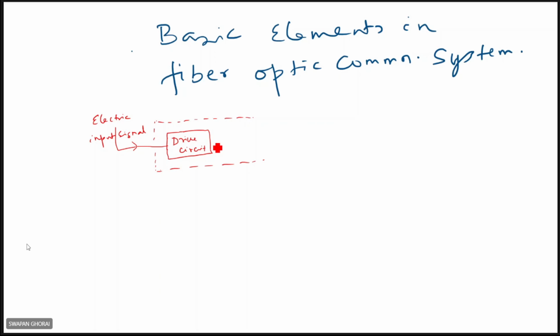Here in pipeline systems, I told you the signal is propagating as optical signals, so we need some optical sources, right? So here you see some light source would be there.